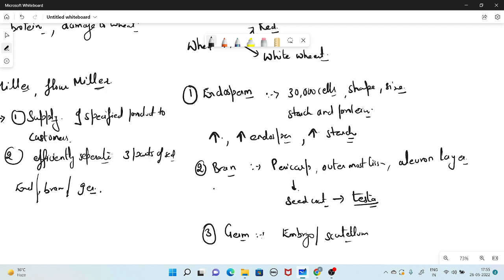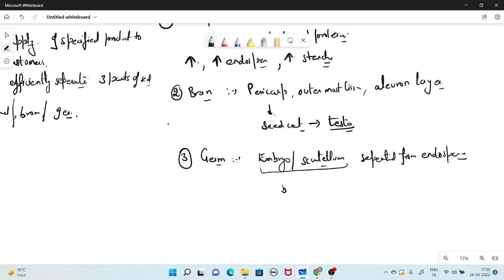And they are both separated from the endosperm by a layer of epithelial cells, the epithelial cell layer, right? So the embryo takes its nutrients from the endosperm through the epithelial cell layer.